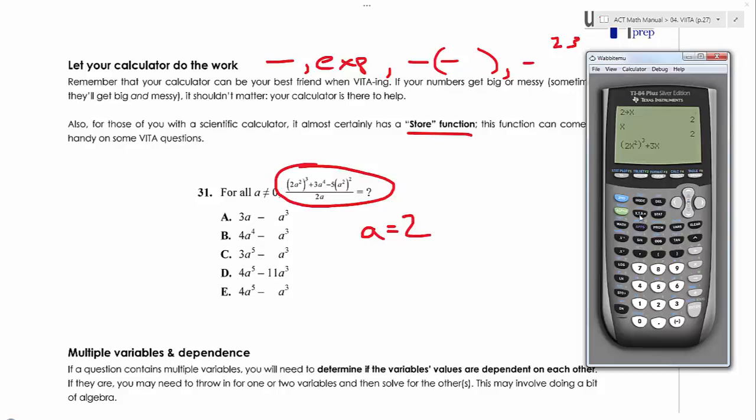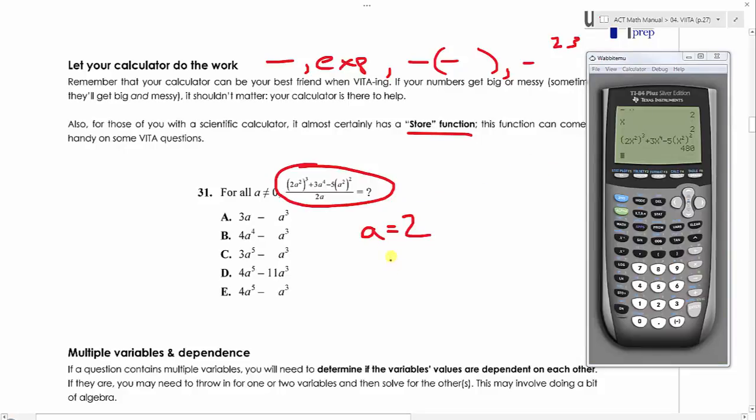I'm just using x for a, by the way. I actually could put an a into my calculator, but it's much easier just to use the x key. Minus 5 parentheses x squared and parentheses squared. So that's the numerator. I have just entered it exactly as it appears on the page in front of me. I'm going to hit enter. Boom, my numerator is done.